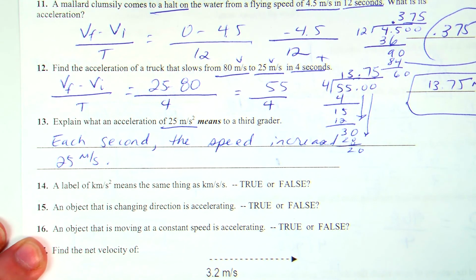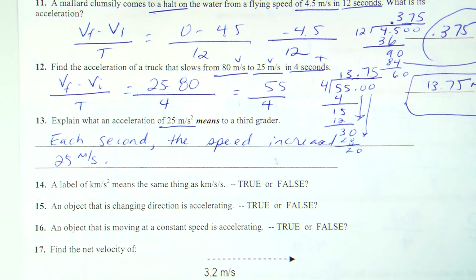Okay? Lots of answers could have been given for that. Essentially what you needed to explain is that for every second that goes by, it's increasing its speed by 25 meters per second. Okay?